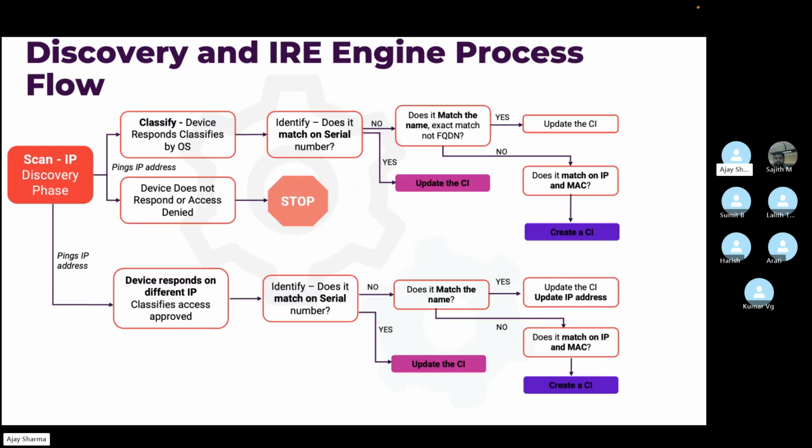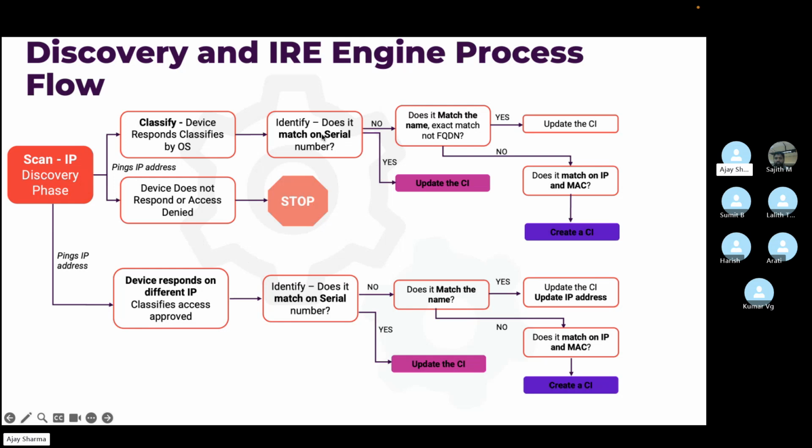Let's go. Discovery and IRE engine process flow, how will that work? Here, if you see, scan IP discovery phase is the first step. What will happen? Classifying, as I already mentioned, once the scanning is done. The device that responds is classified by the classifier by OS. When we find a port, the classification will happen based on that. If the device does not respond, or access is denied, that particular flow will stop there. If it is identified, does the serial number match in the serial number table?